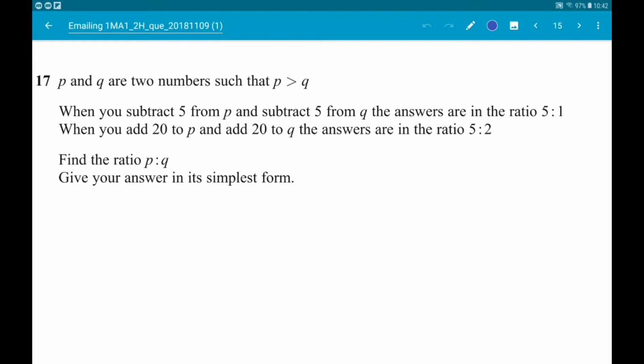Okay, let's write that down. So, P minus 5 to Q minus 5 are in the ratio 5 to 1.